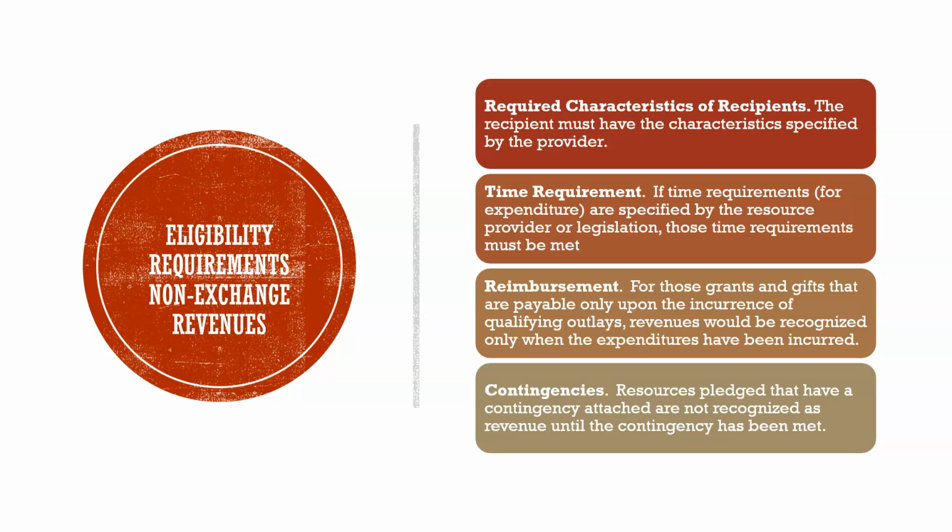You may have some time requirements. So for expenditures, they may say you have to spend these within a certain amount of time, or you have to hold on to these for a certain amount of time. Those can be provided by a covenant. They can be provided by some kind of governmental legislation. So let's say that a local government gets a grant from a state government, and the state legislature said, hey, you have to have these spent by June 15th.